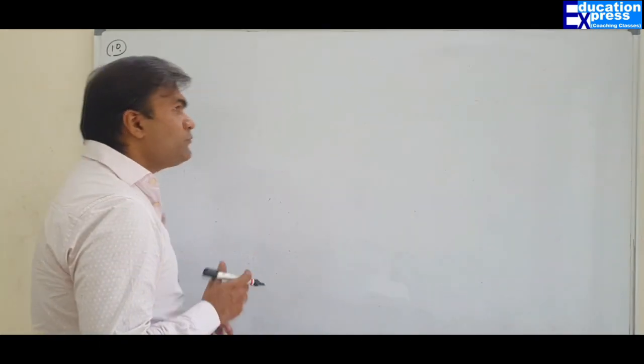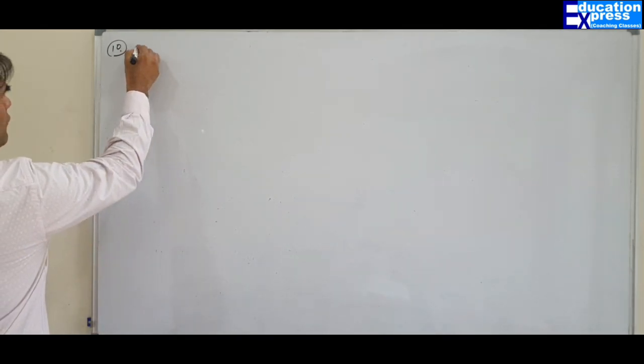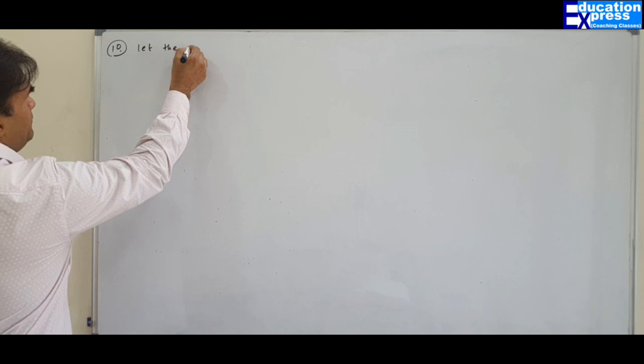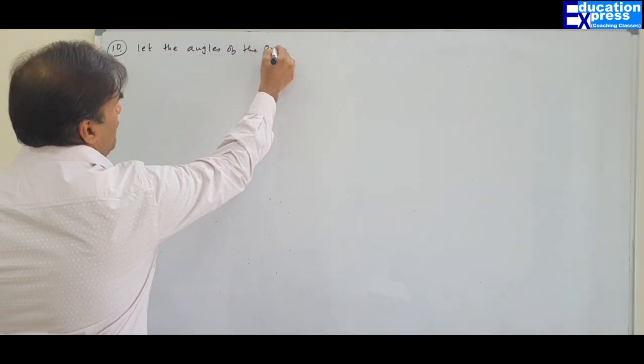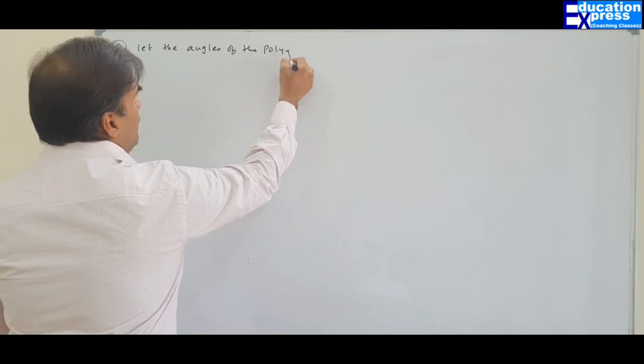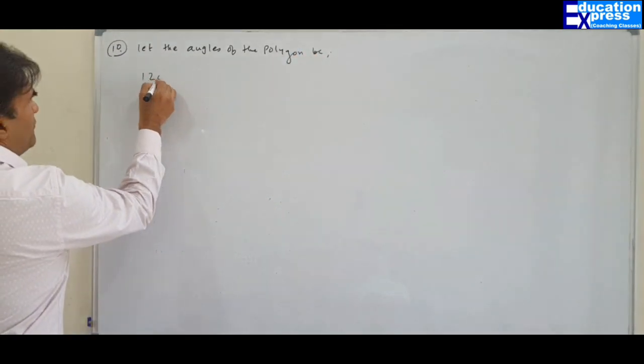The angles of the polygon are in AP, with a common difference of 5, so d is given to us. If the smallest angle is 120 degrees, how many angles are there? We have no clue about it. Therefore, let the angles of the polygon be 120.